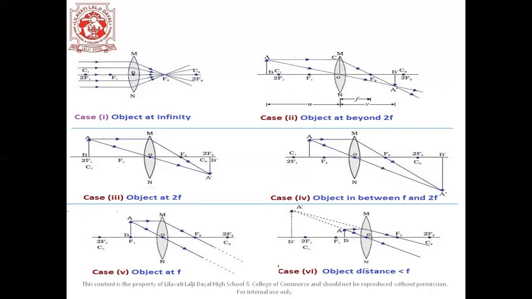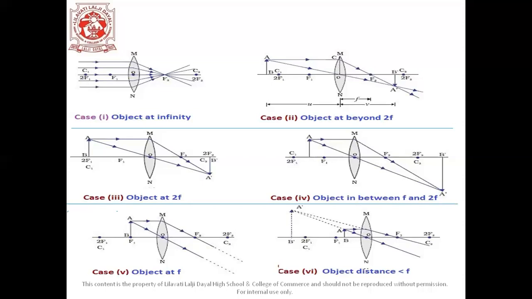Second case, when the object is beyond 2F, you can see in the diagram the position of the image becomes between F2 and 2F2. The third case, when the object is at 2F, you can see in the diagram that the position of the image is at 2F2.